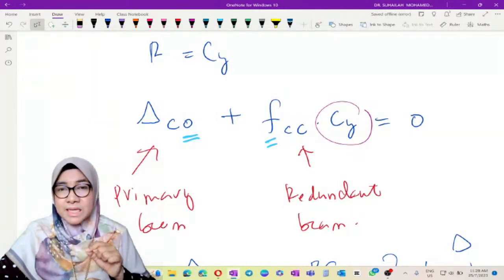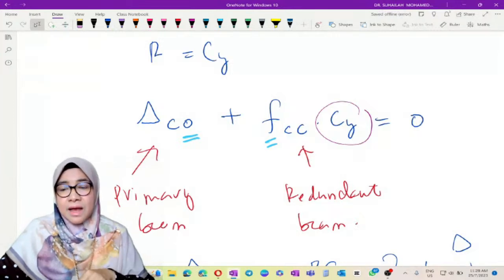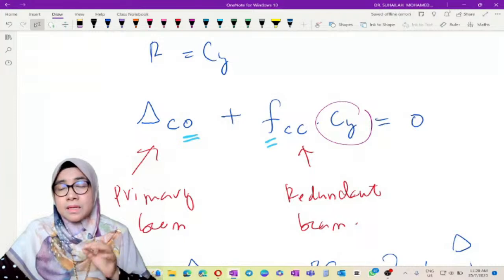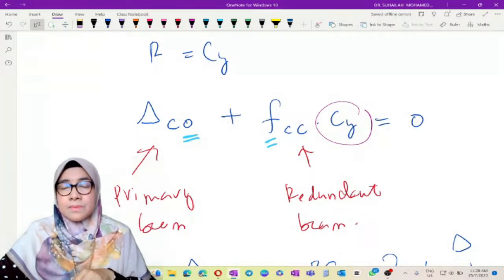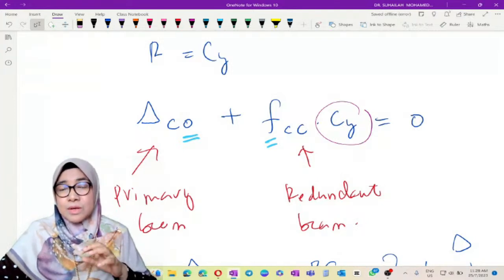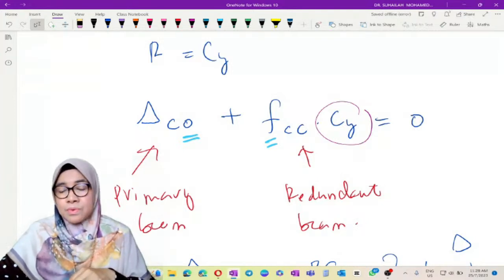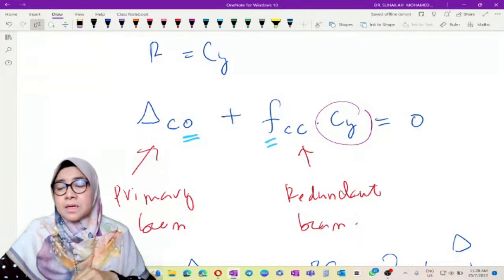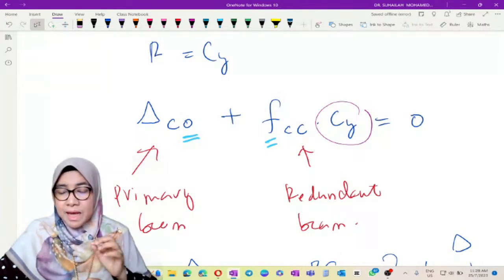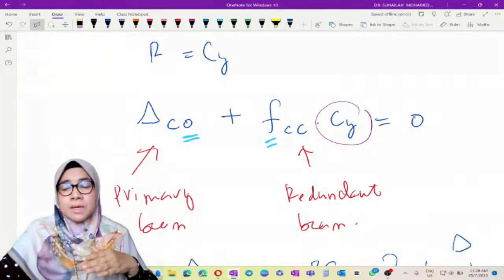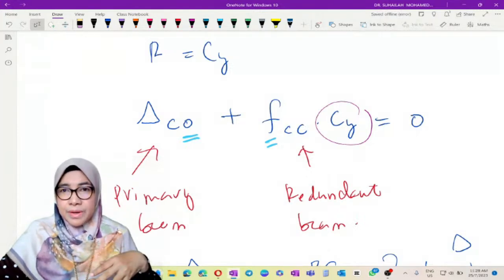So the first C in F is the displacement at C for redundant CY applied. We label it FCC, times CY, the redundant. So this is the compatibility equation.